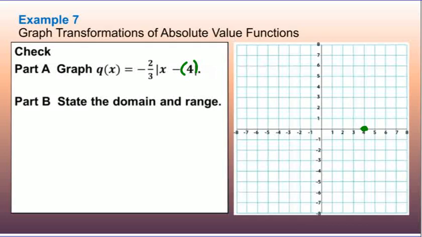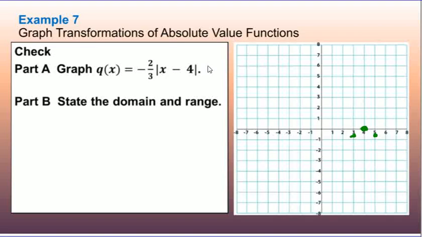Let's choose a 5. If I put 5 in here, 5 minus 4 is 1. The absolute value of 1 is 1. 1 times negative 2/3 is negative 2/3. So I would have 5 and negative 2/3, which would be roughly here. That means the other side would be roughly there.